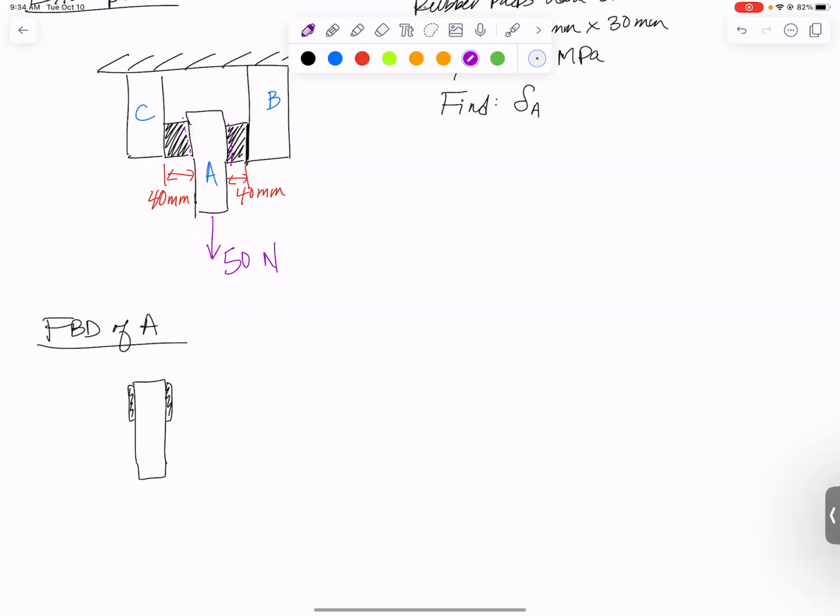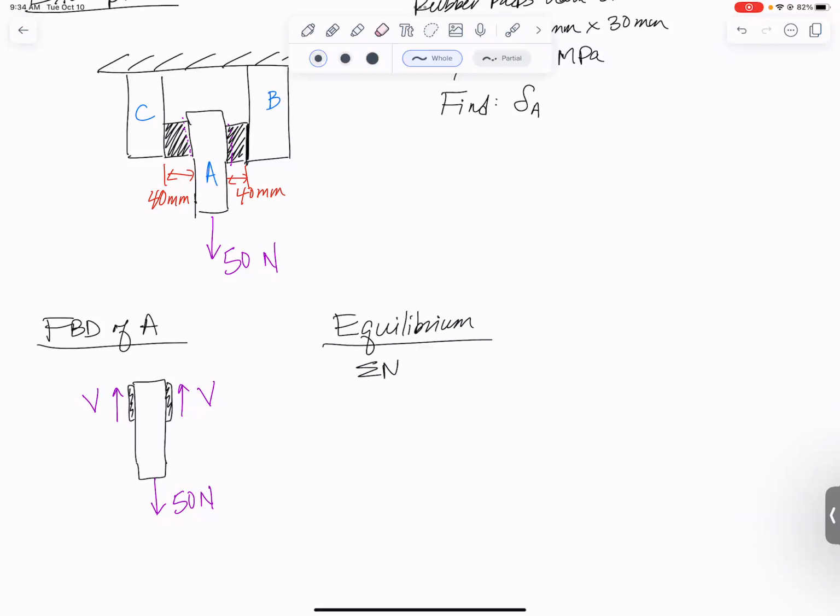And the downward force that's applied is 50 newtons. And so the upward forces that are resisting it would be our shear force in each pad. Call those V. Then immediately we do equilibrium equations. The only one that does any good for us here is not moment.